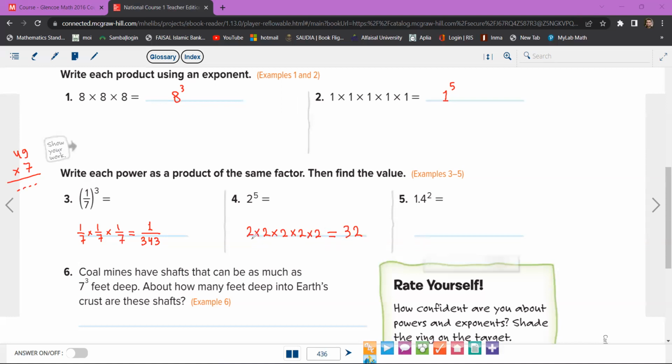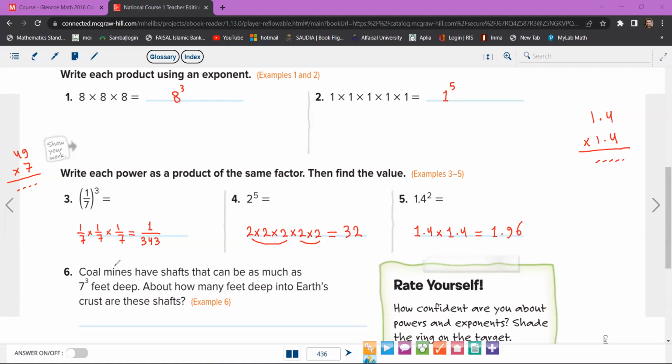Of course, you can do it like 8 multiplied by 4. 1.4 to the power of 2 is 1.4 multiplied by 1.4, and this should give you 1.96. Also, you can do it yourself: 1.4 multiplied by 1.4, and you will find it's really 1.96.